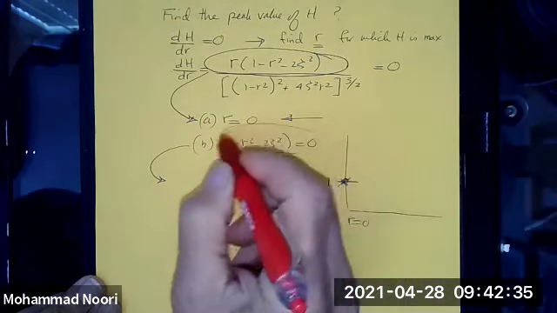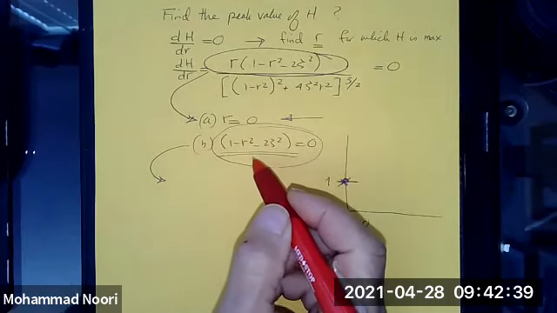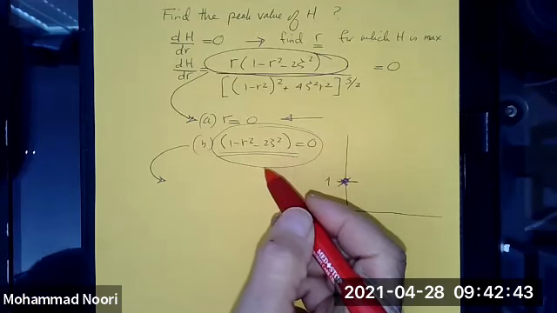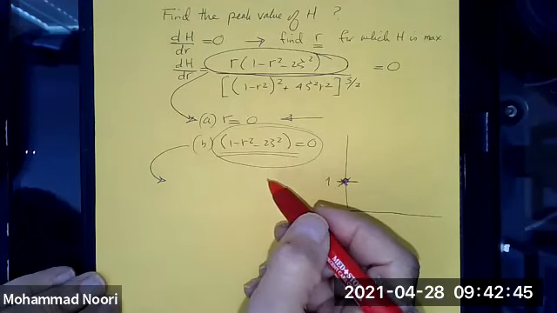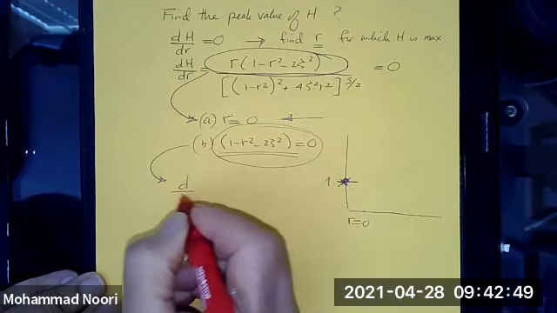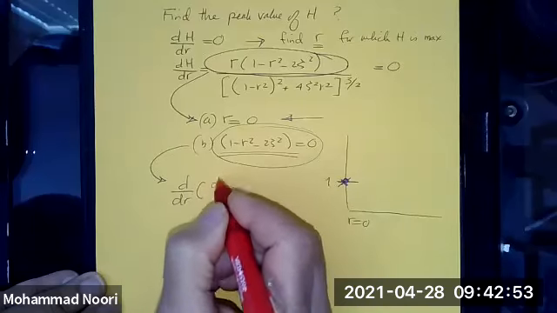In other words, how do I know that the R value I find from here corresponds to a maximum value or minimum value? Well, how do you do that? You take a second derivative, right? In other words, you take the derivative of this derivative.